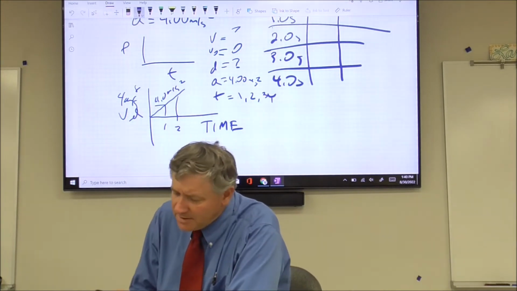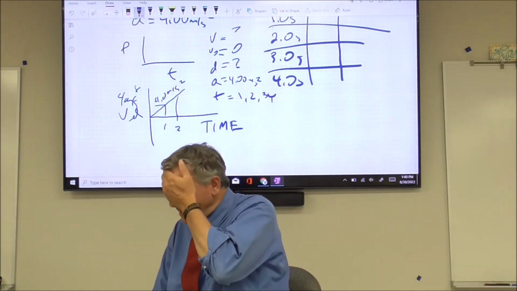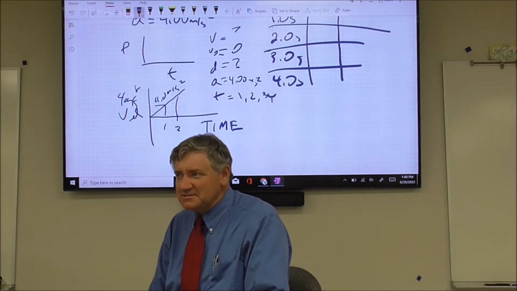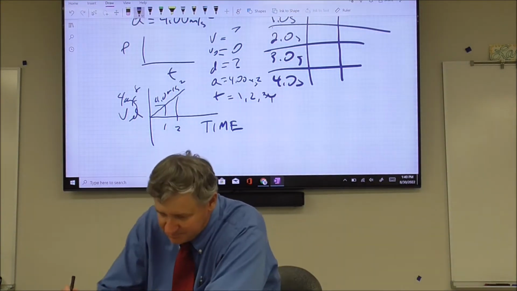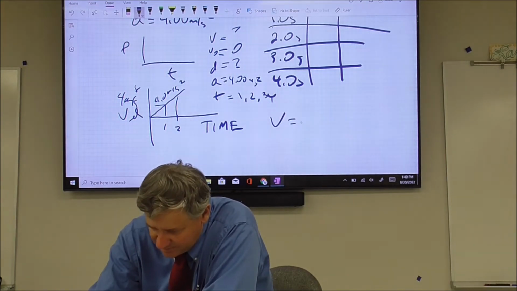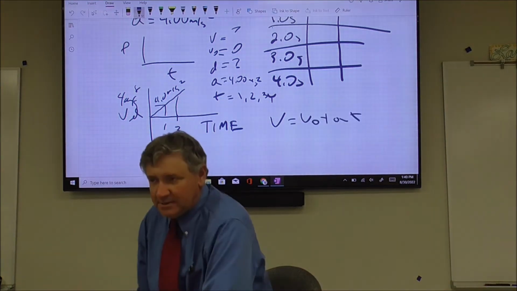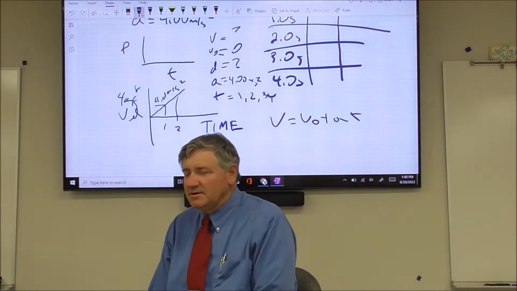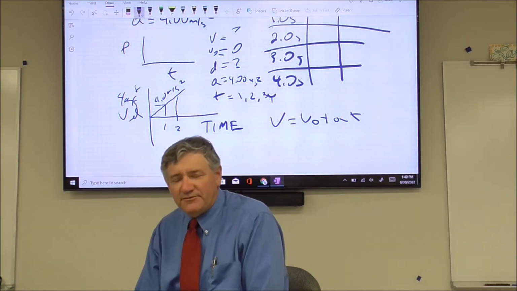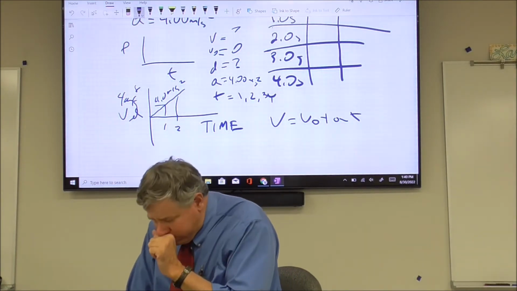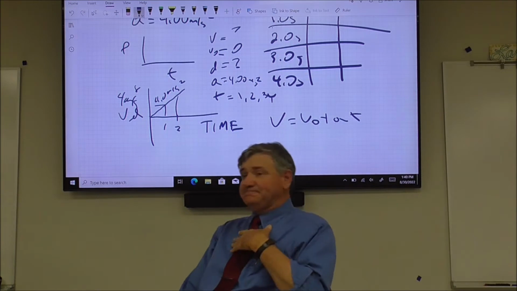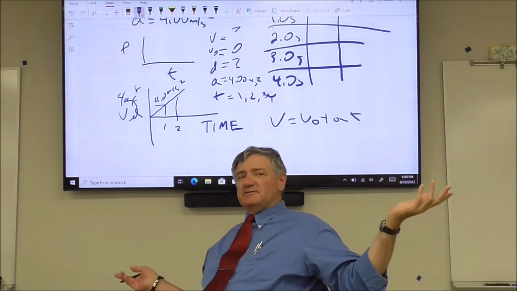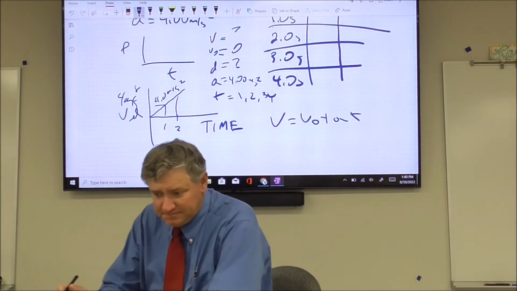Now you go, Mr. Burkamp, that's mental math, and I don't trust myself. Fine, let's do an equation. We know V equals V naught plus AT. True? It's a linear function. That's all it is. It's physics. It's a linear function of y equals mx. We don't have to worry about the y-intercept because the car's started at rest. It's a slope.